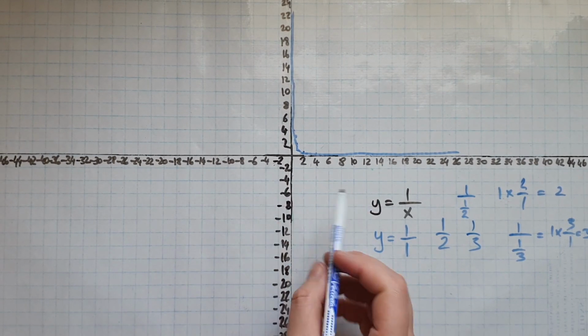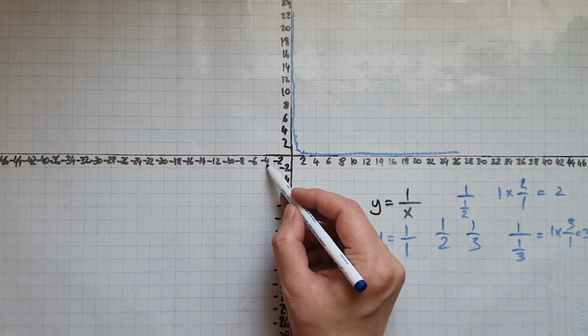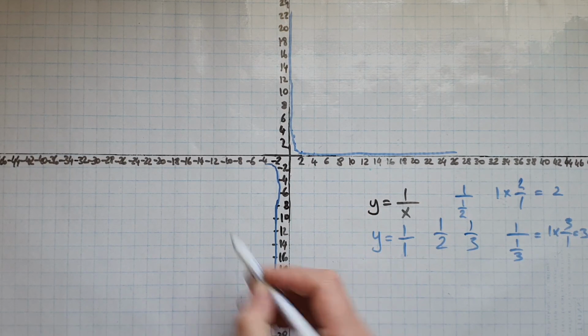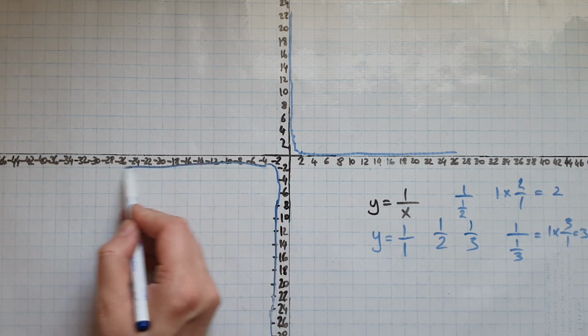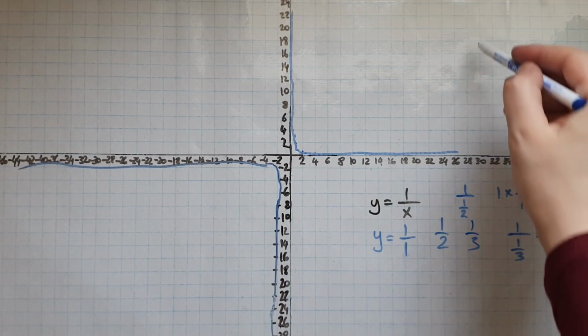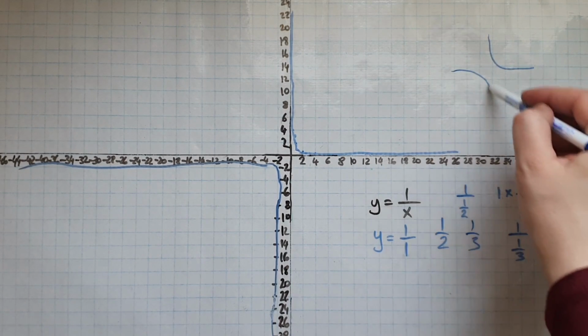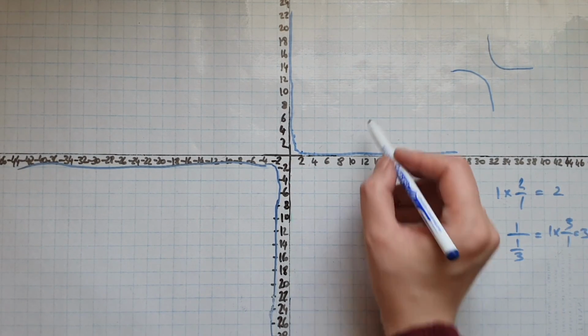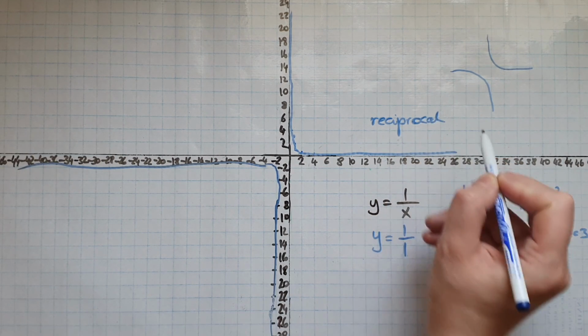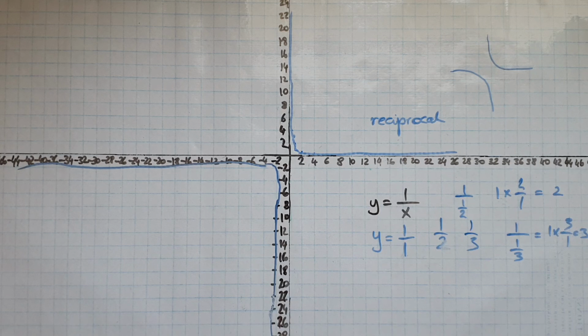For x being negative, then this is just mirrored here, this quadrant. So it goes like this, getting closer and closer to the axis, but never touches it. So this is the kind of shape that a reciprocal function has.